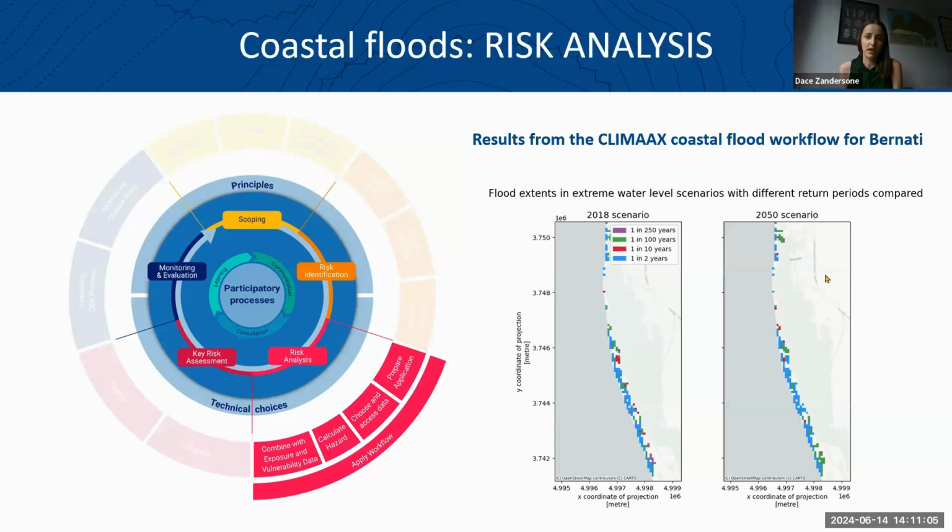These are flood extents in extreme water level scenarios with different return periods. Those are two maps for one of the places in Latvia called Bernāti. It was quite easy to get these maps: just change the coordinates and click enter, and this is what you can get out of the toolbox.